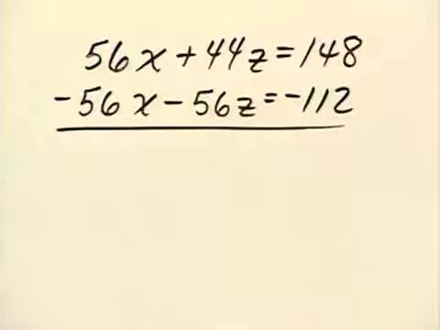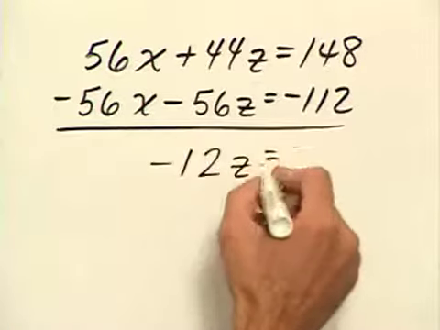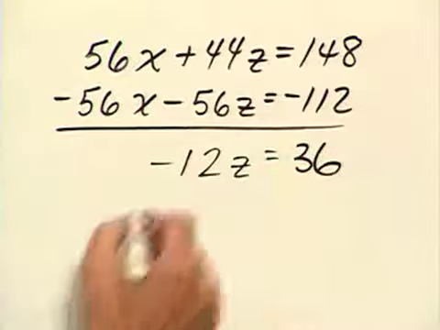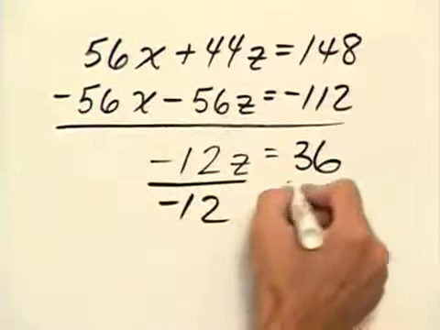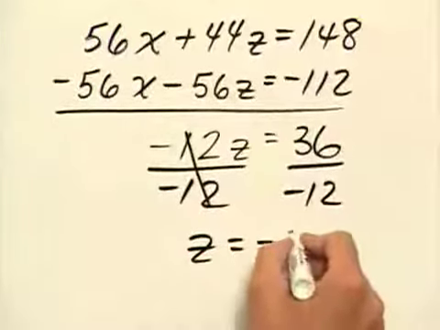And if I add these two equations together, what I'm going to get is negative 12z is equal to 36. Now if I divide both sides by negative 12, I get z is equal to negative 3.